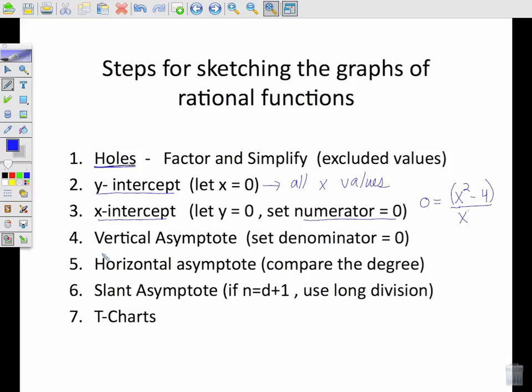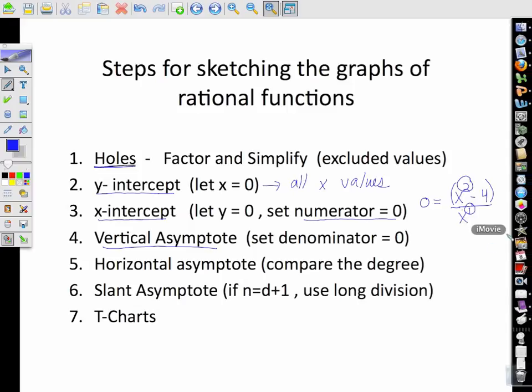Your vertical asymptote is going to stay the same as what we've been doing in the last couple of days, where you set your denominator equal to 0. For your horizontal asymptote, you will compare the degrees, such as this right here. You're going to compare 2 and 1, and so that would indicate in this case there's not a horizontal asymptote.